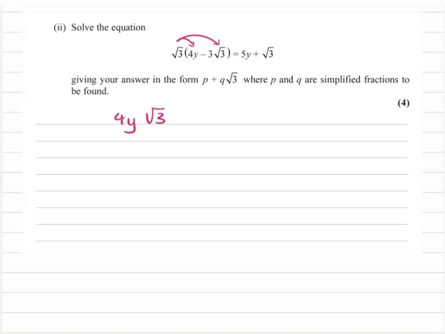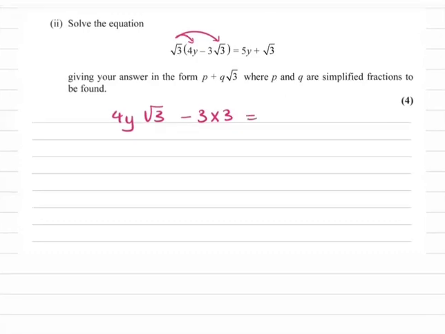Moving on to the second term, √3 multiplied by -3√3. That's going to give us a whole number 3. Then when the roots multiplied, √3 times √3, I just have again a whole number 3. This is from the basic law of self-repeated multiplication. If a surd multiplies itself twice, the roots would cancel out, and we just have the number or the argument.